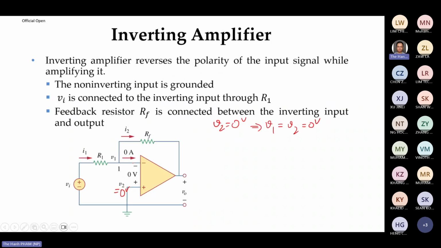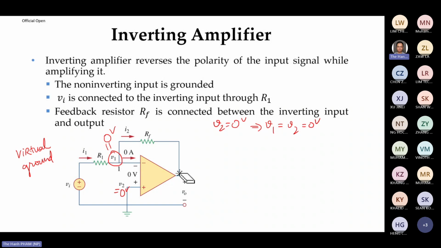So V1 here should also be 0. This is a case where we say we have a virtual ground, remember? Because this point does not link to the ground by wire, but the voltage at this point is 0. So it's called a virtual ground.